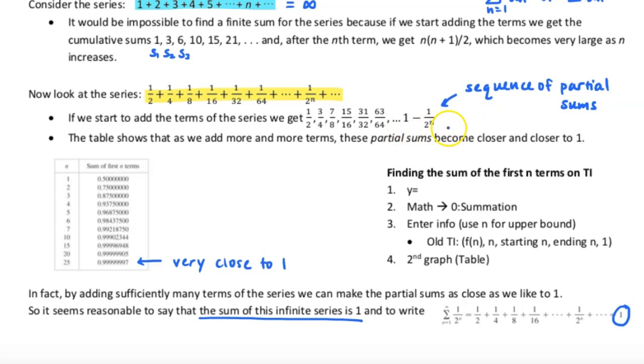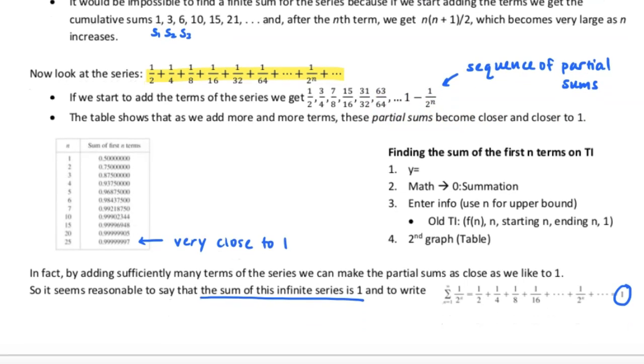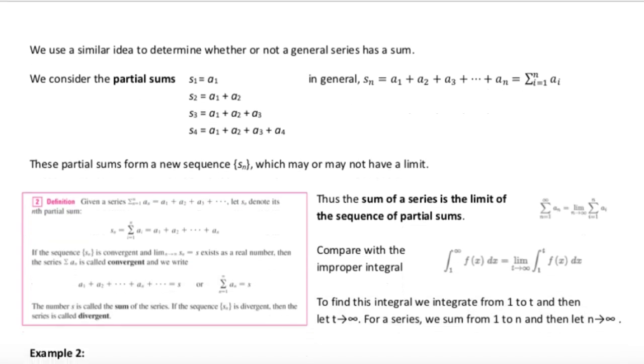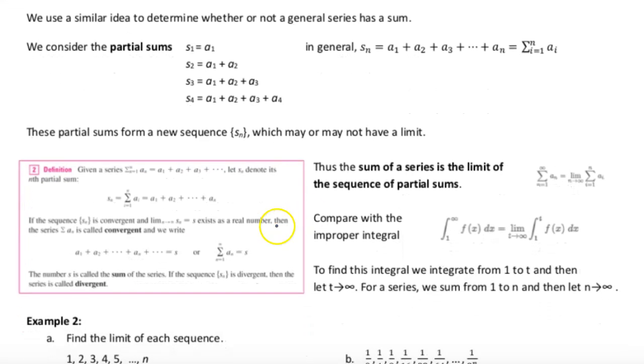Well, can't we also say that we found out what happened to this sequence of partial sums as n approached infinity? And what does this sound like? This sounds a whole lot like a limit. And so we can conclude that the sum of a series is the limit of the sequence of partial sums. So we're creating a sequence of partial sums and finding the limit of that sequence of partial sums.